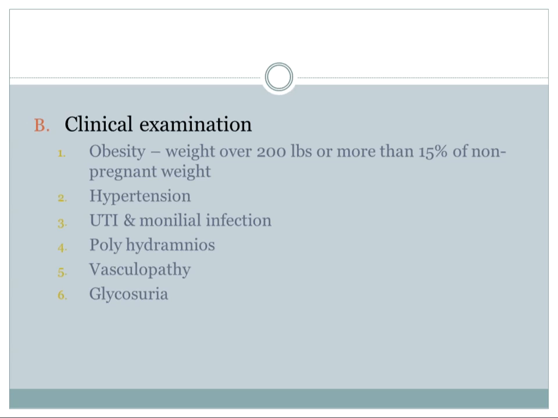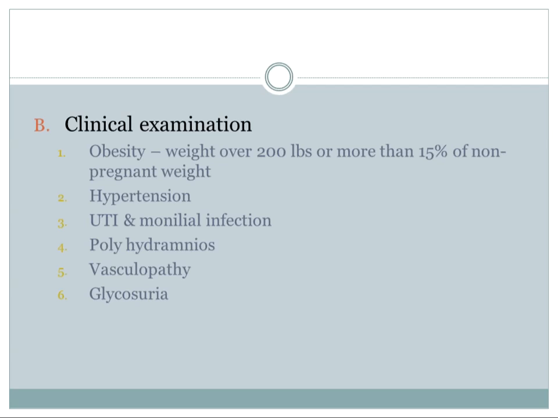Right. Then, on clinical examination, what findings will make you suspect she may be diabetic? She is very obese, maybe more than 200 pounds, that is more than about 90 kg, or more than 15% above the non-pregnant weight. That means she has put on weight very rapidly. Then she is hypertensive now, or she has UTI and monilial infection, or she has polyhydramnios, or she has vasculopathy, like benign retinopathy.